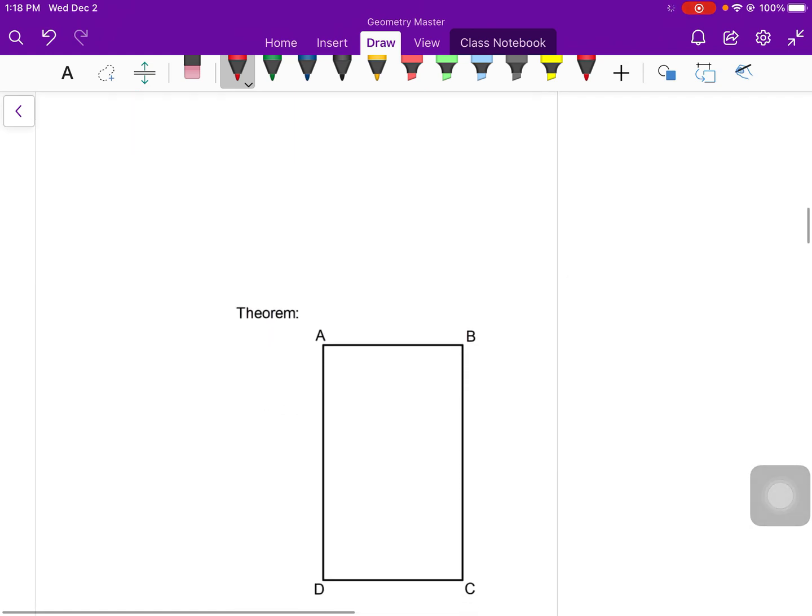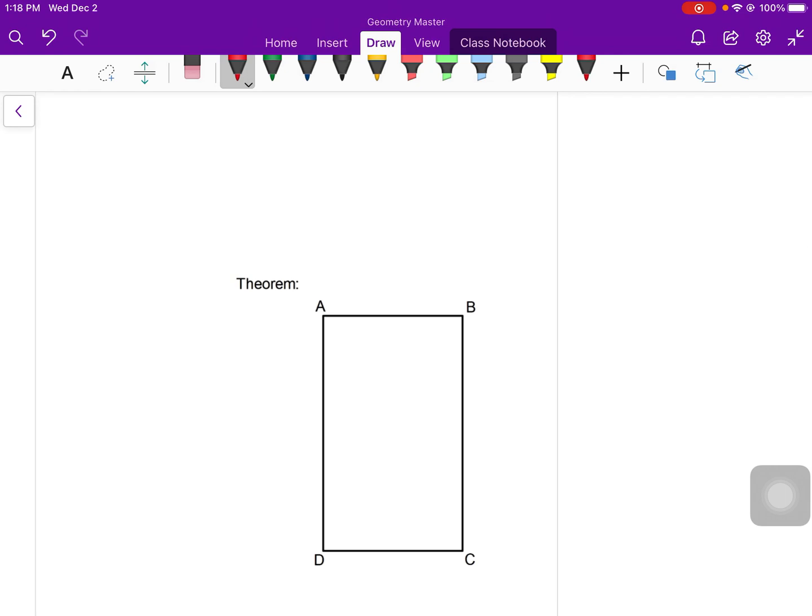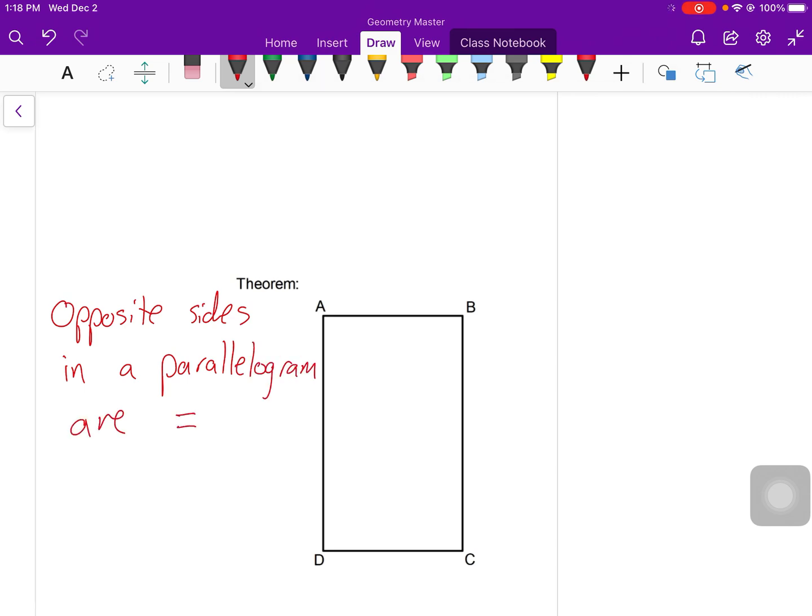So our very first theorem about parallelograms says that opposite sides in a parallelogram are congruent. So the parallelogram, we already know that these things are parallel.